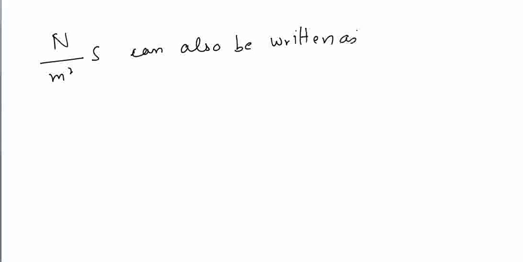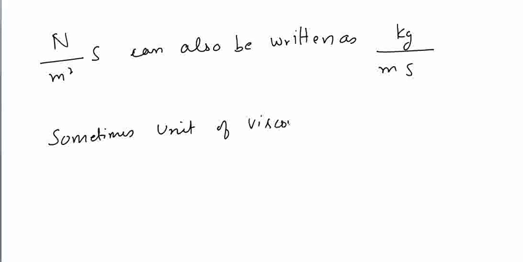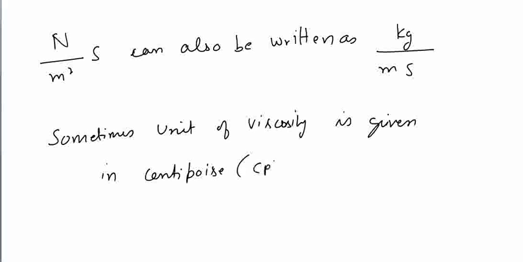Sometimes Newton second per meter square can also be written as kg per meter second. Sometimes the unit of viscosity is given in centipoise or Cp.